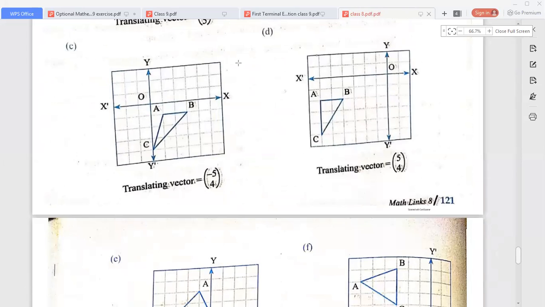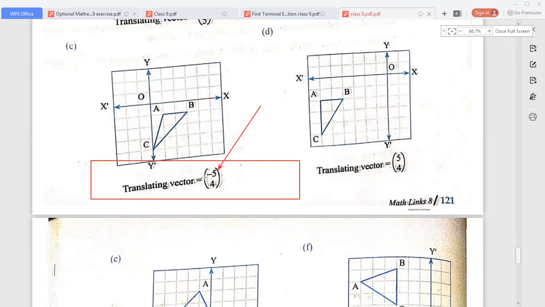Okay, Mr. Bishesh Gurung. Yes, sir. Bishesh, have you seen here? This is the translation vector. Please tell me, what is the meaning of this translation vector? How much and in which direction do we have to go? 5 units left.